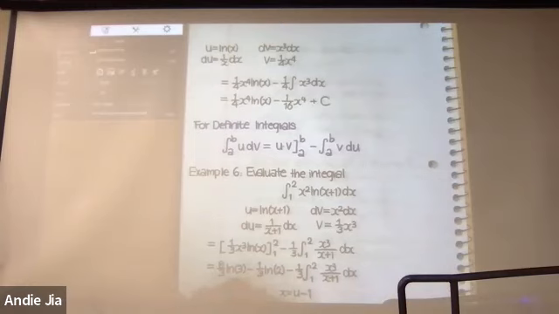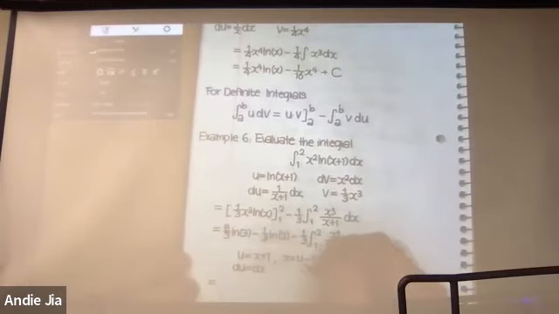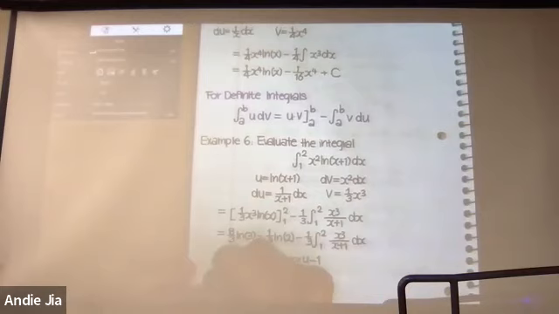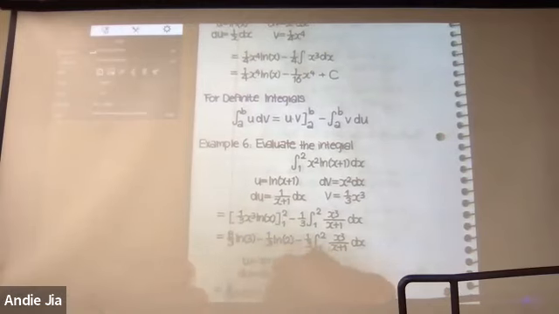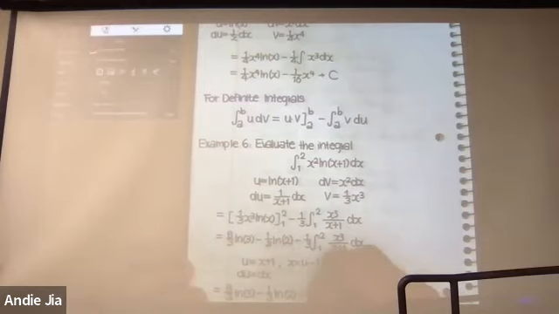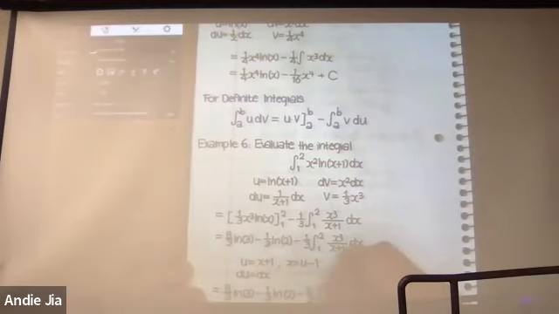Then we have this: 8/3 natural log of 3 minus 1/3 natural log of 2, minus 1/3 times the integral from 2 to 3 of u minus 1 cubed over u du.